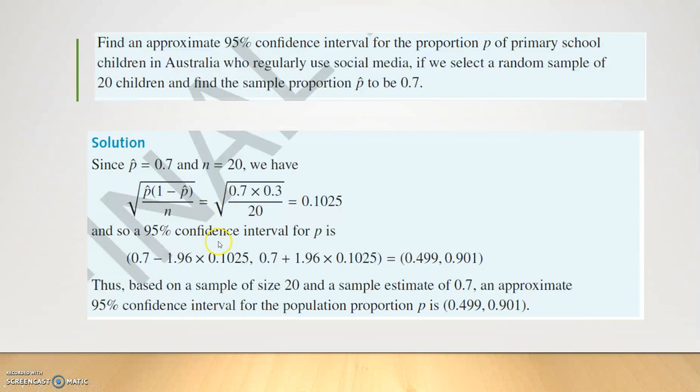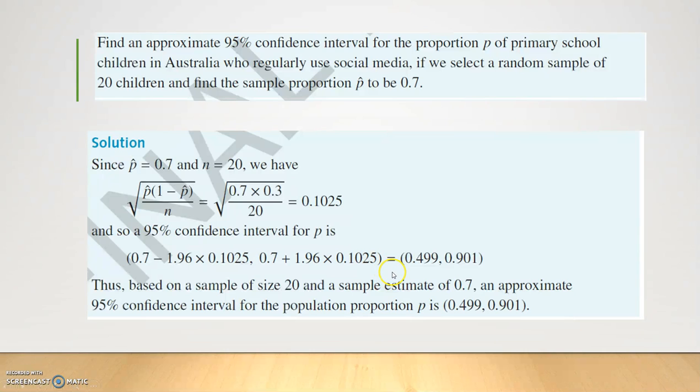So the 95% confidence interval for P is 0.7 minus 1.96 times 0.1025. And the upper limit is 0.7 plus 1.96 times 0.1025.